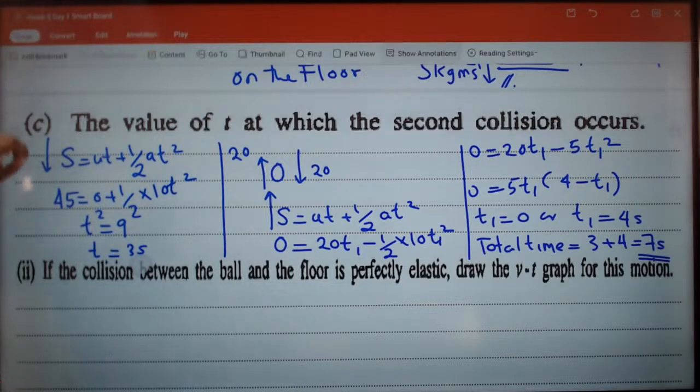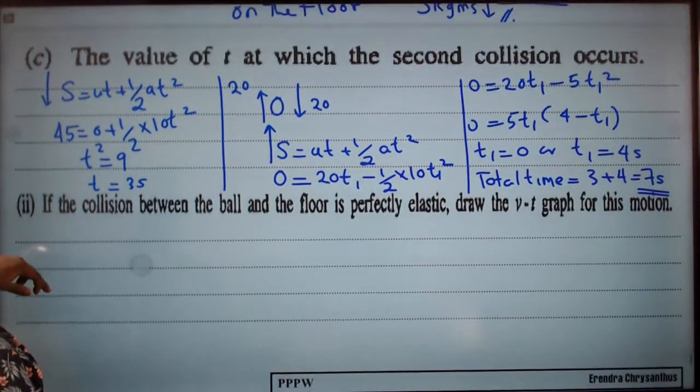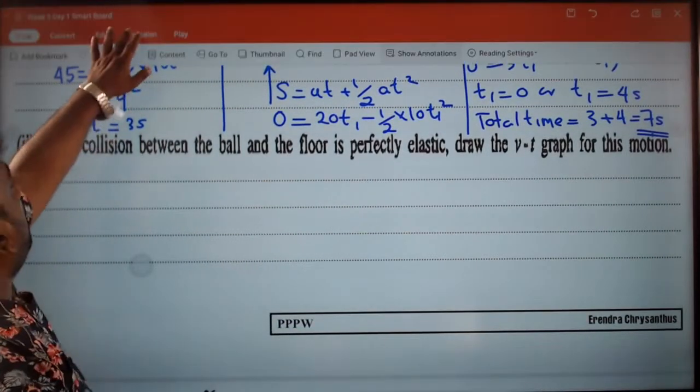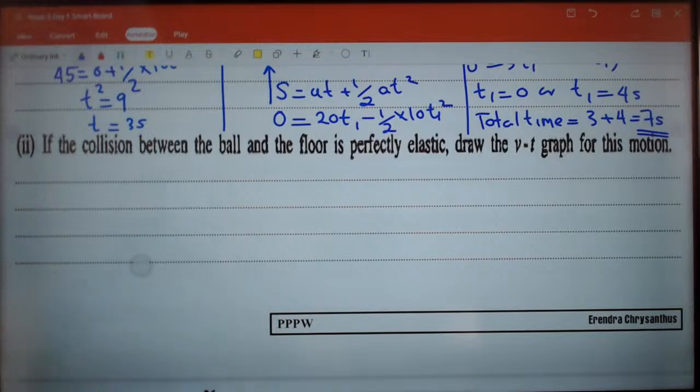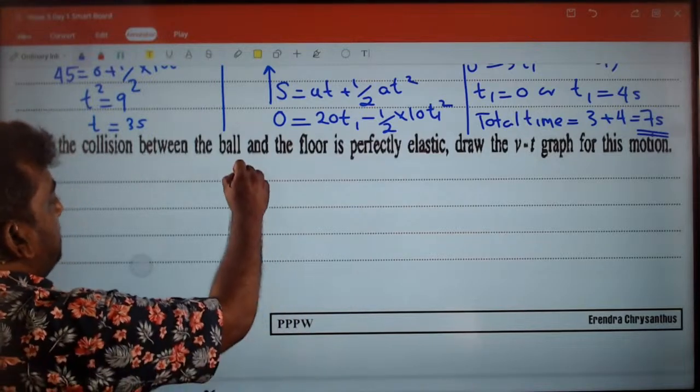Once you need it, write it down. These are not difficult things, but they are important. If the collision between the ball and the floor is perfectly elastic, draw the VT graph.